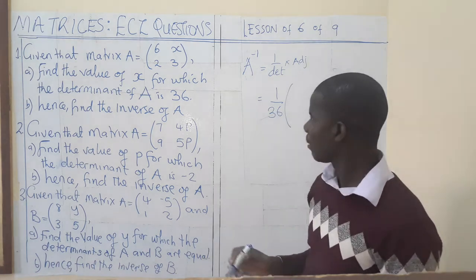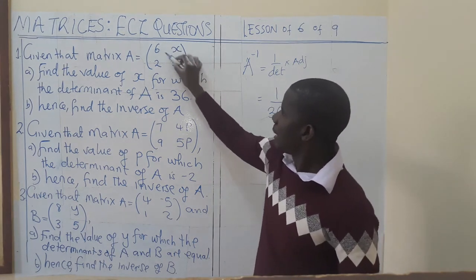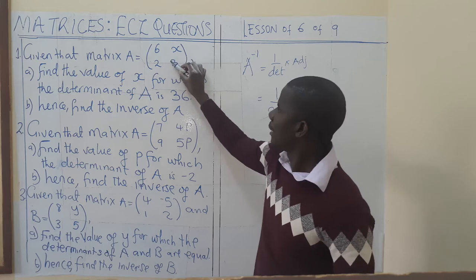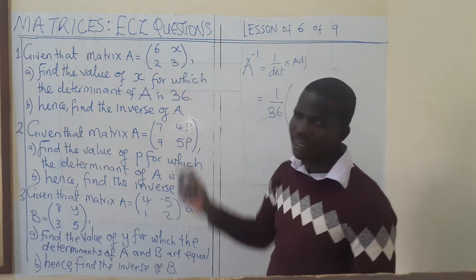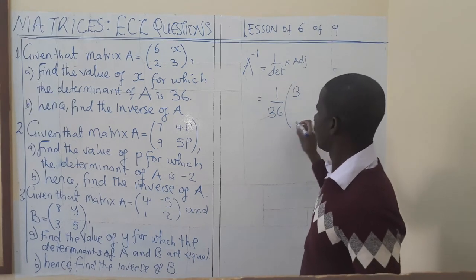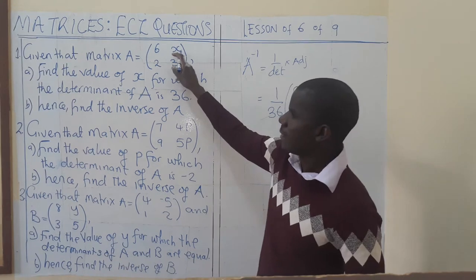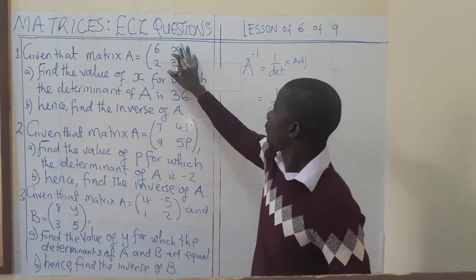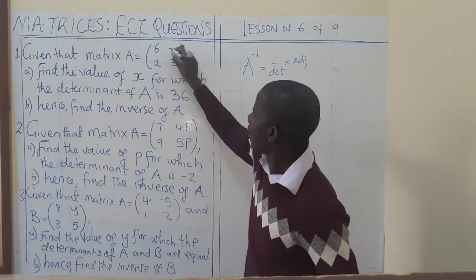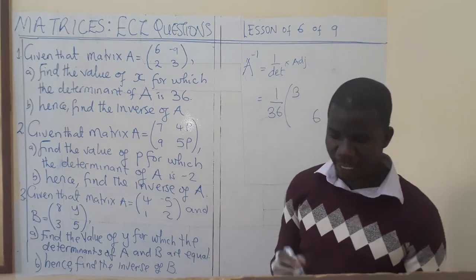What is the adjoint? What we said is that these two elements in the major diagonal need to swap positions. So you're going to have 3 here and 6 here. Then remember that this is the negative 9, which is the value of x.